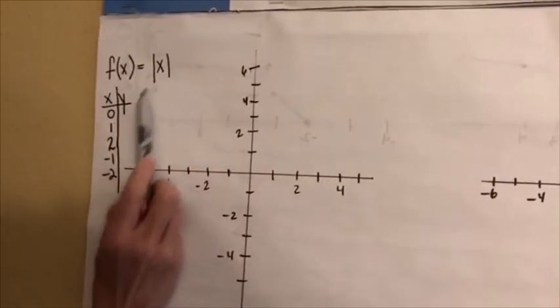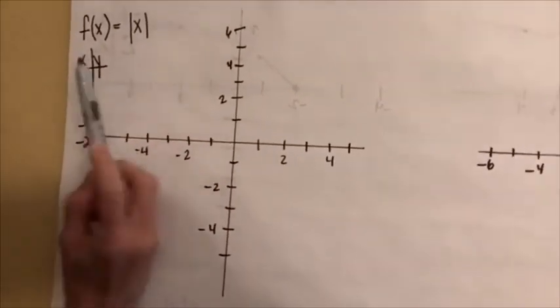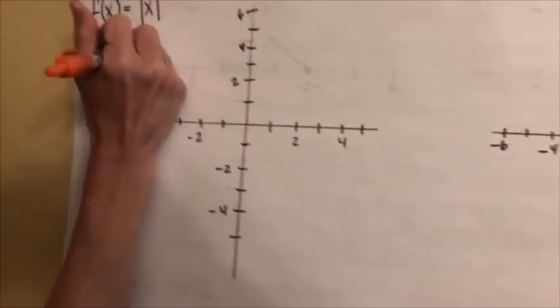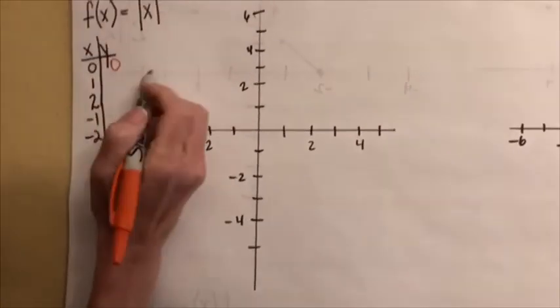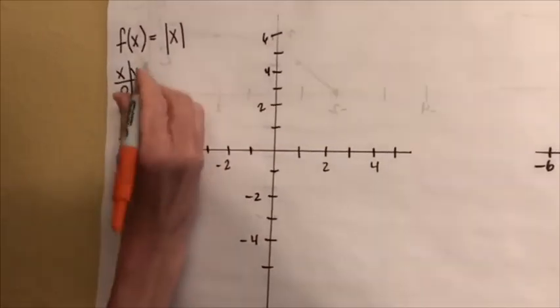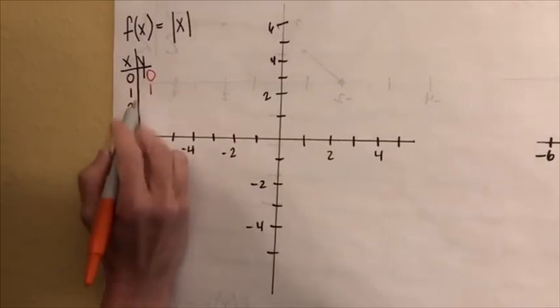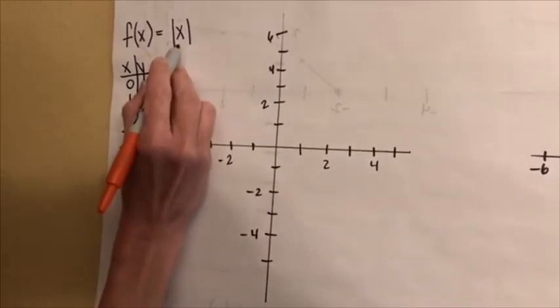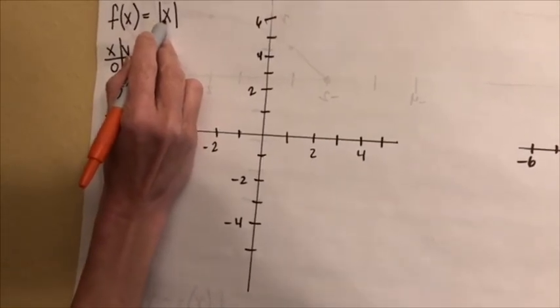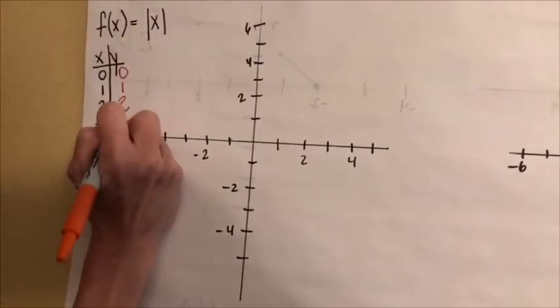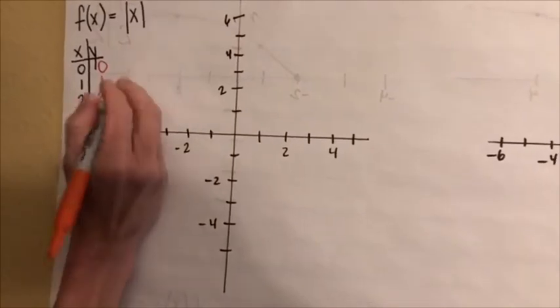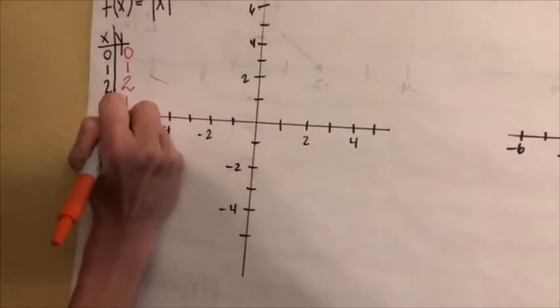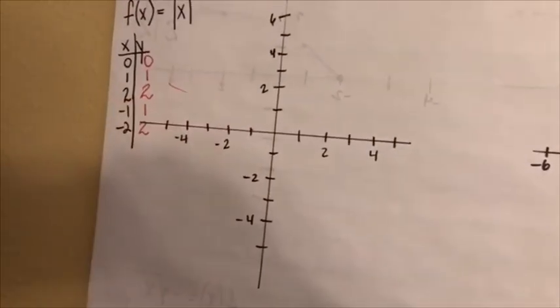So if we start with 0, the absolute value of 0 is 0. Absolute value of 1, 1. Absolute value of 2, 2. Absolute value of negative 1, when x is negative 1, y is positive 1. When x is negative 2, y is positive 2.